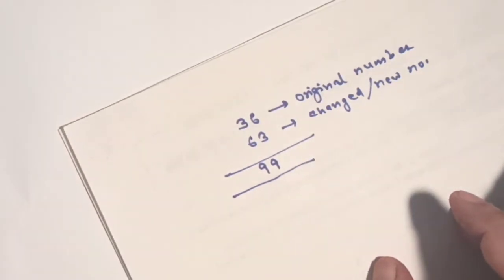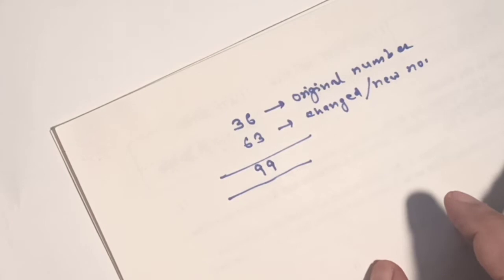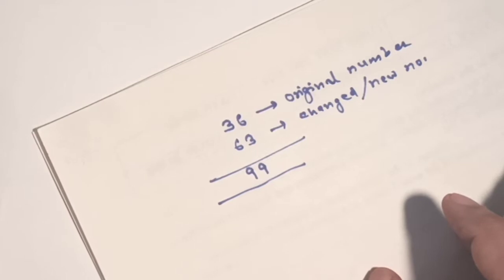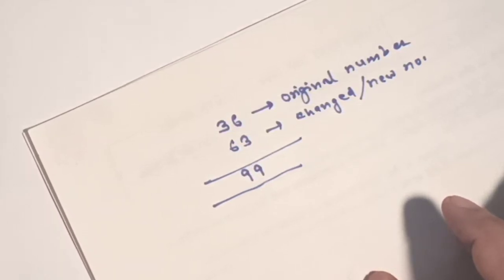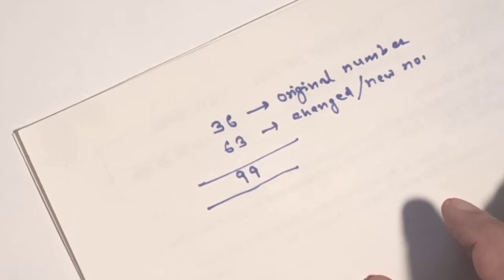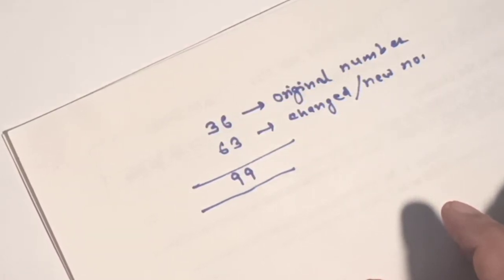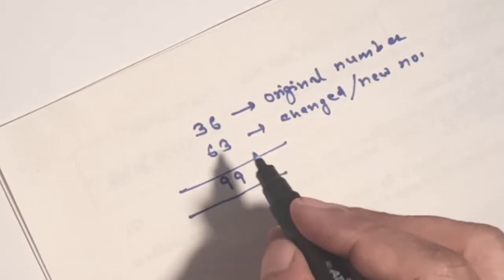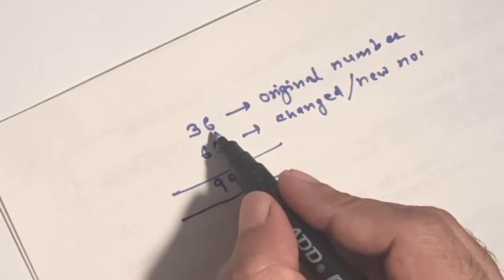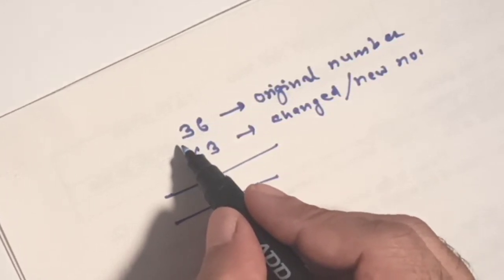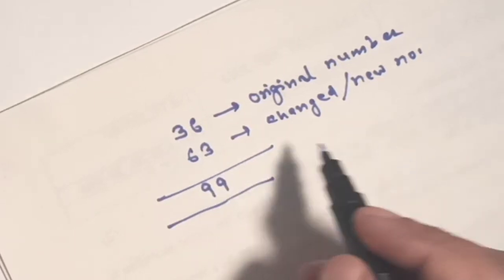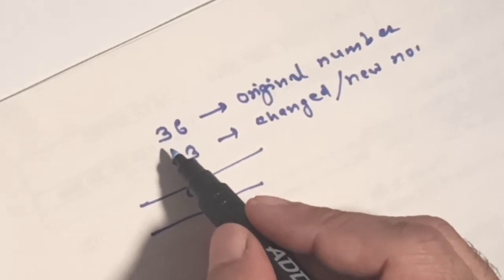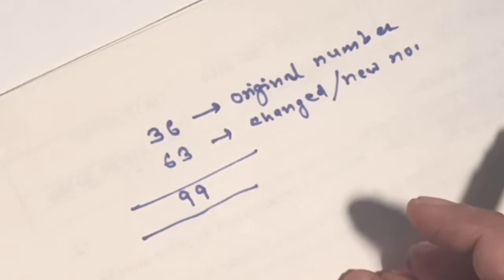So somebody may say: find the 2-digit number such that the sum of the original number and the number obtained by interchanging the digits is 99. Your number will be 36 and 63. If one more condition is given, where it is said that the digit at units place is 3 more than the digit at tens place, here 6 is 3 more than this 3. In this way so many questions can be formed.